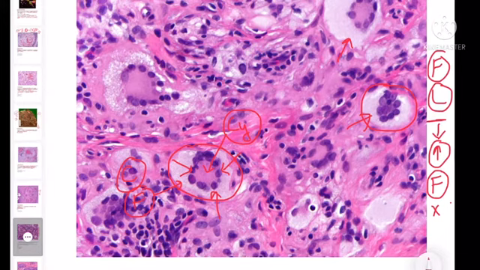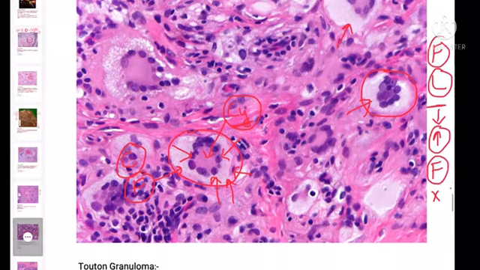So these are the giant cells with central pinkish cytoplasm along with foamy cytoplasm outside a rim of nuclei, and this type of giant cell is called a Touton giant cell, and the granuloma is called a Touton granuloma.